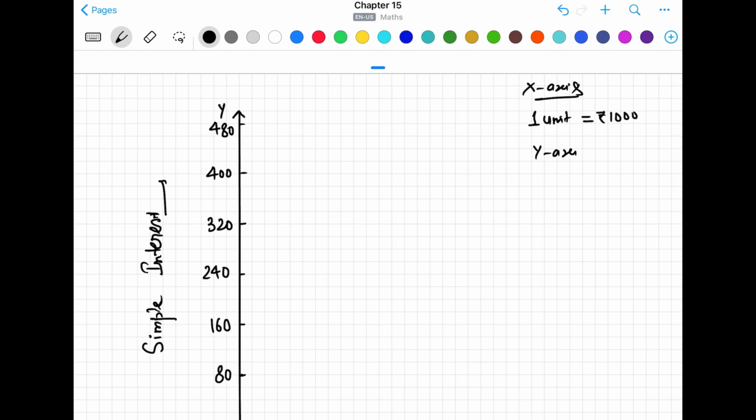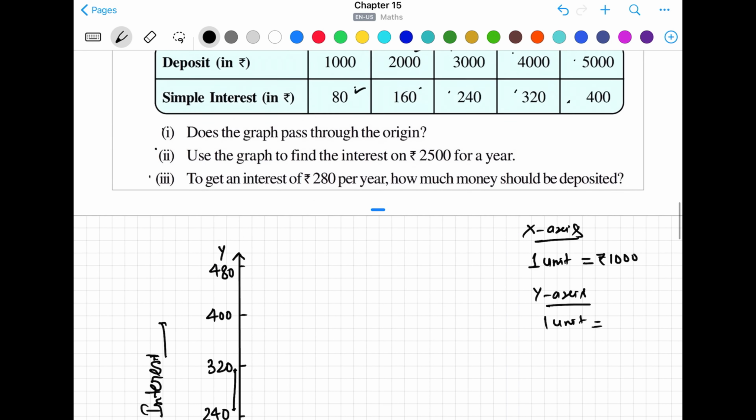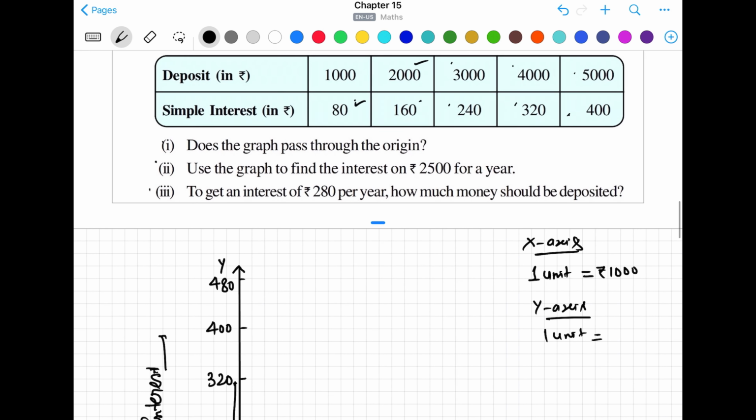And on the y-axis, considering this as 1 unit, that means 1 centimeter on your graph paper, 1 unit is equal to 80 rupees of interest. This is deposit and this is interest.